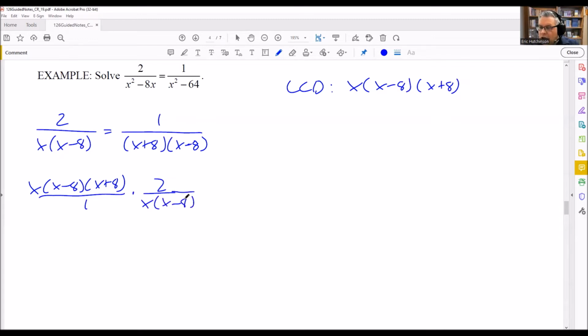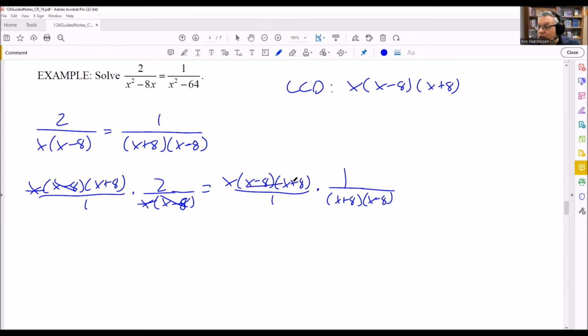And then on the right-hand side, we'll put the same thing, x times x minus 8, x plus 8 over 1. And then I have x plus 8, x minus 8. Okay, so now we're ready to start canceling. X minus 8 is going to cancel, and the x's are also going to cancel there.